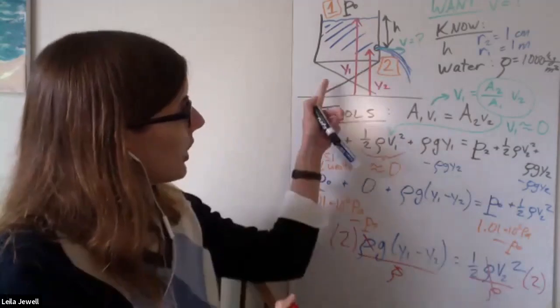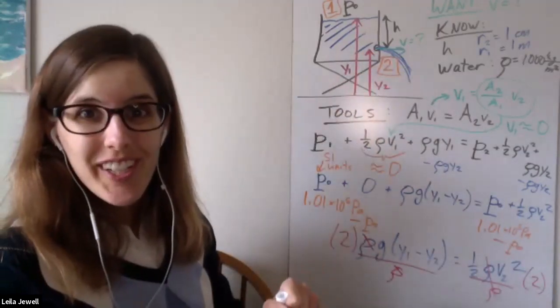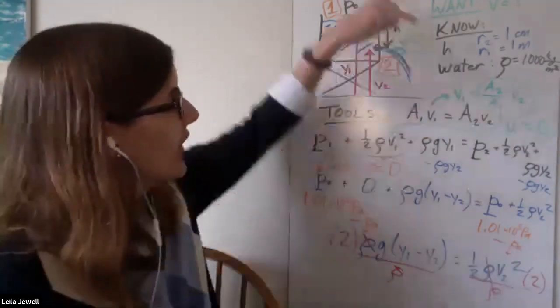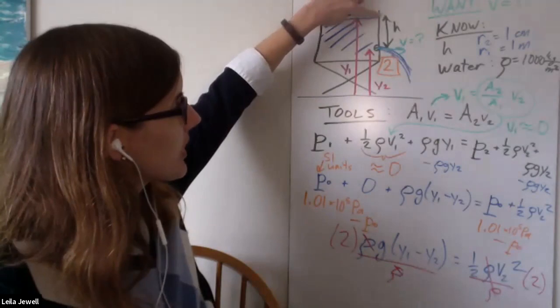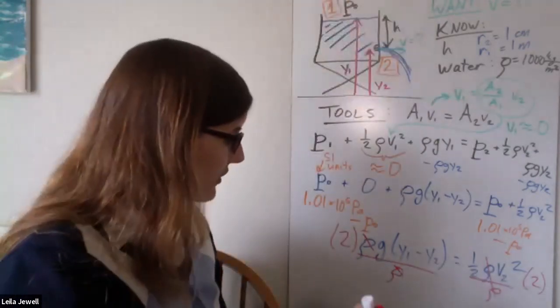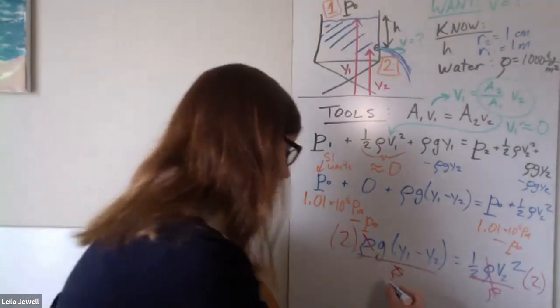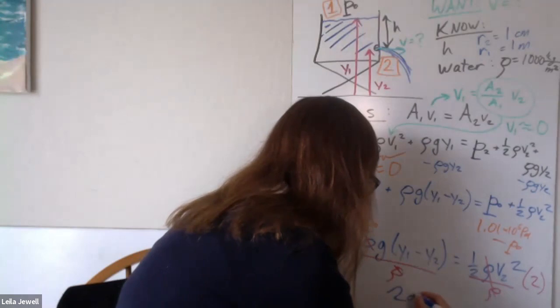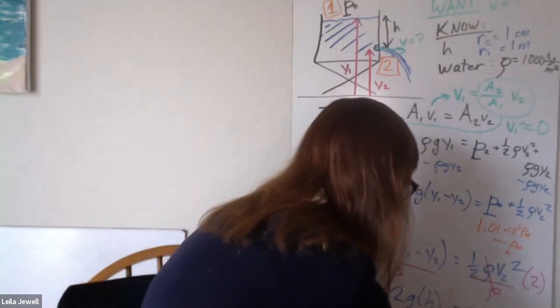And we notice y1 minus y2 geometrically matches something already given to us in the problem. It's our height, the difference in height between our 2 points of interest. So this gives us a much simpler way of writing it: we just have the 2 that we already multiplied out, times g times h, and it's equal to v2 squared.